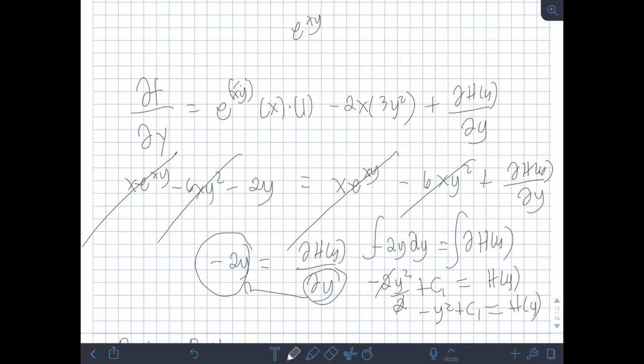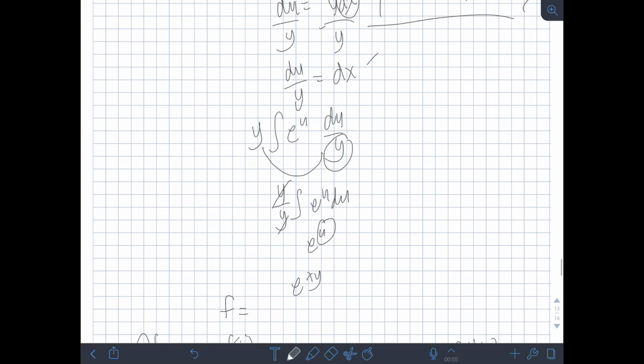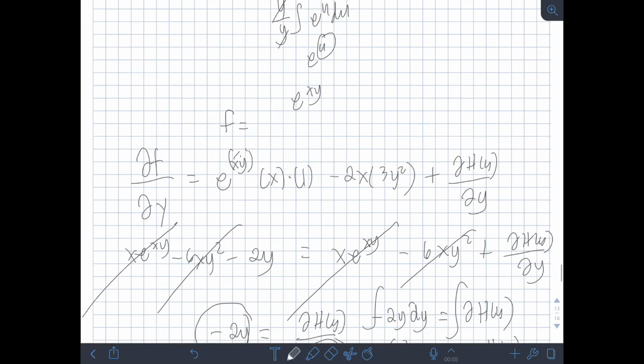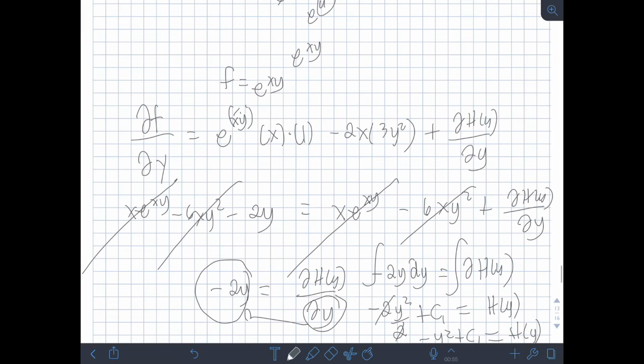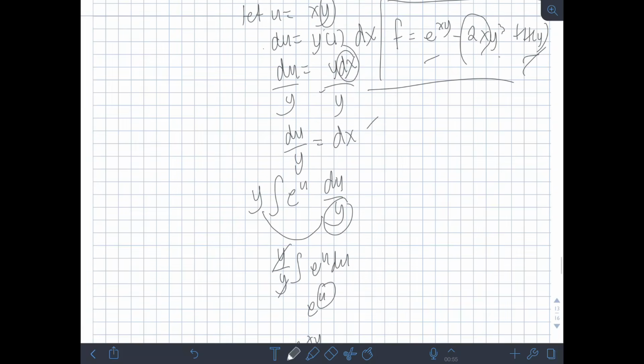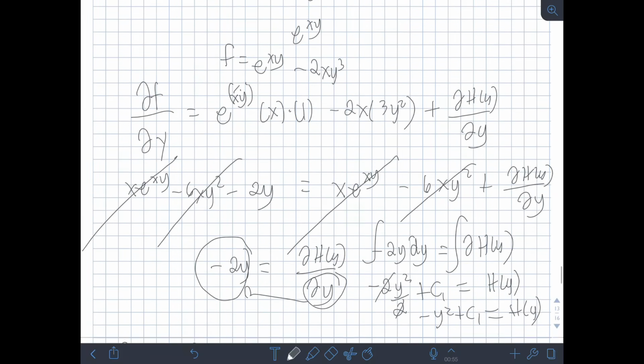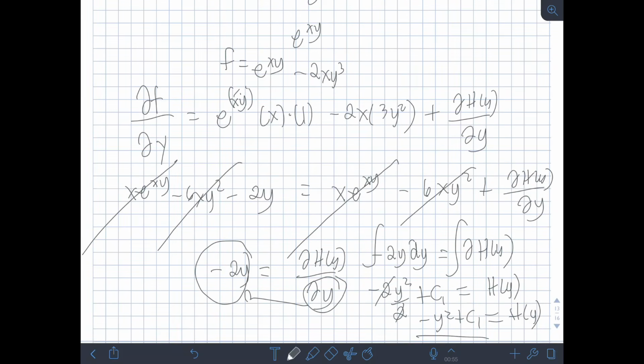So, therefore, this will be our final answer. F is equal to, this, right? e raised to xy minus 2xy cubed plus h of y. What is the h of y that we got? It's negative y squared plus c1. Then, again, this c1, I'll transpose to the other side.